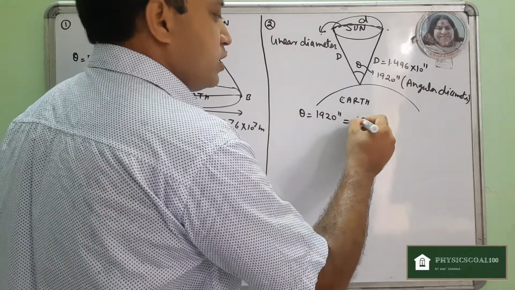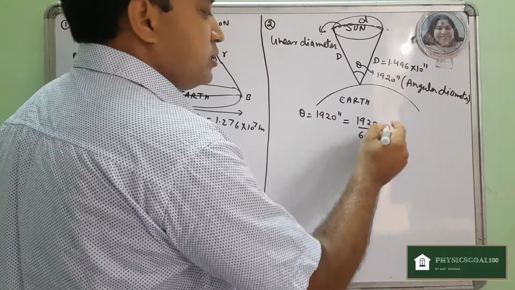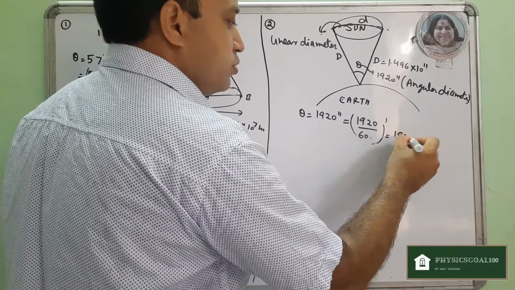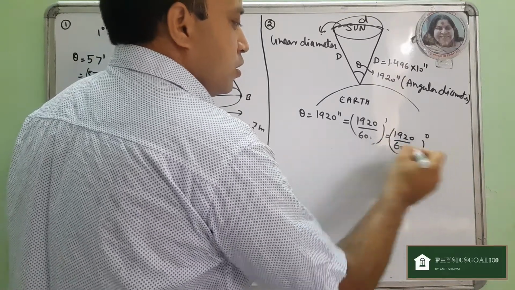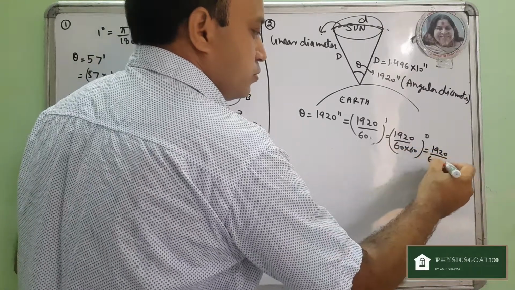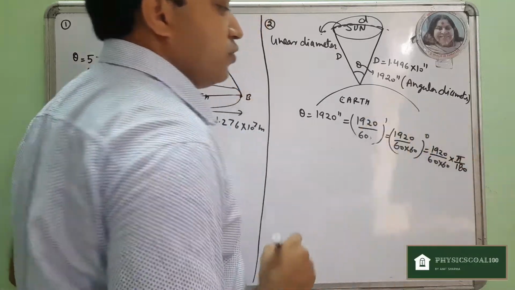1920 seconds means 1920 upon 60 into 60 minutes is equal to 1920 upon 60 into 60 degree, or that is equal to 1920 upon 60 into 60 into π/180 radian. That is required for us.